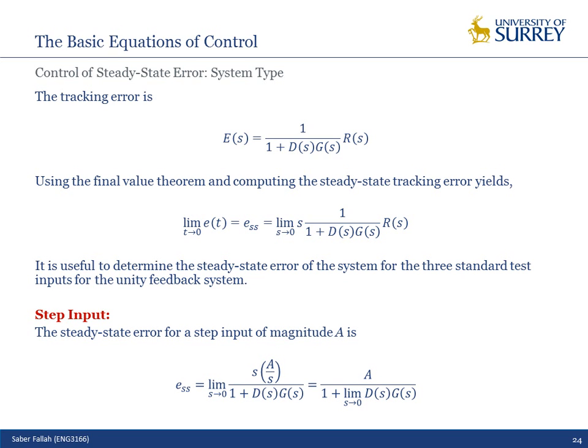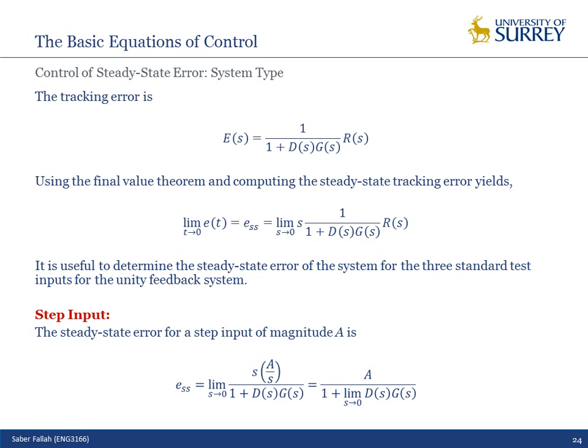If you look at the path after the summation and before the summation, whatever you have in this path. If you have D, G, and H, you will have DGH. But in our case, H is 1, so I will have just DG, the feed forward path.